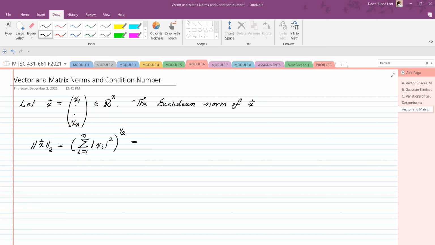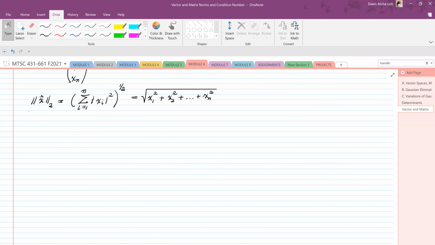We're used to seeing this: x1 squared plus x2 squared plus and so on.